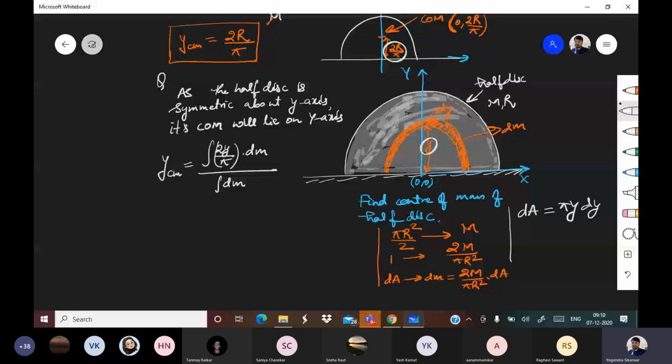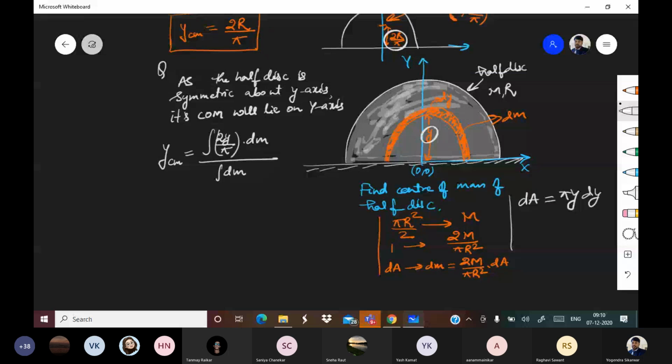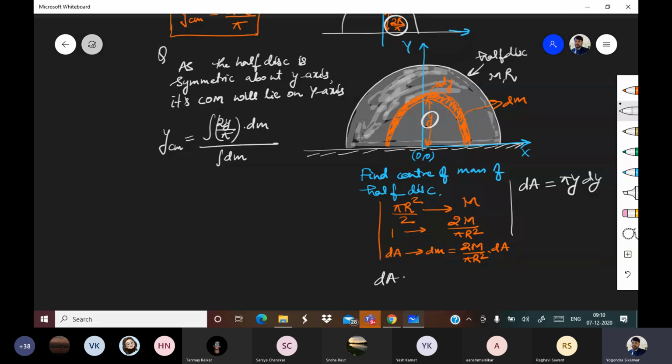So dA, that is the area of the ring, will be pi y dy. Pay attention further. So dm comes out to be 2M upon pi r square into pi y dy. If you want, you can cancel pi here. Okay, so let us put these values in equation number 1.